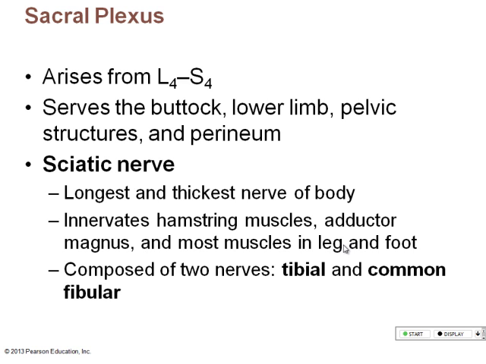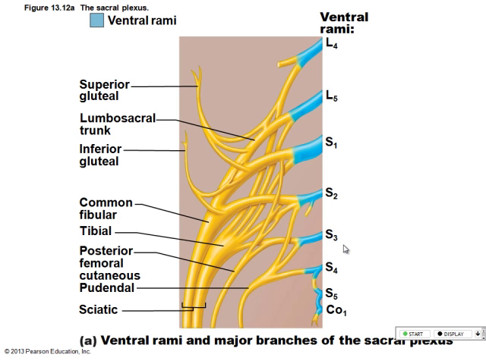Some of you who may have had children have experienced the pleasure of the sciatic nerve. It runs from that lower lumbar region all the way down the back of your leg to the foot. It innervates a bunch of different muscles down there and can cause all sorts of problems if it gets squished by the pressure of that child. It's composed of two nerves, a tibial and common fibular.